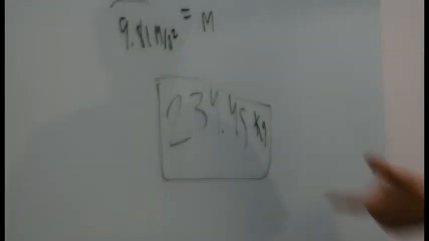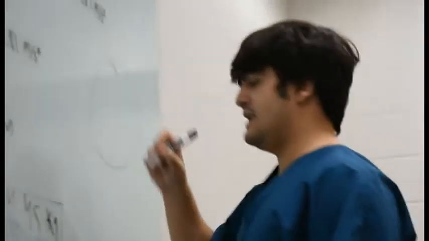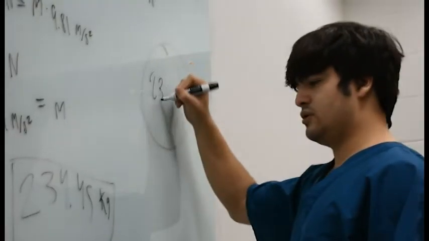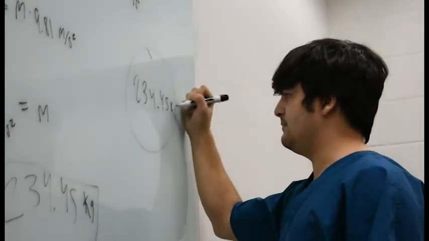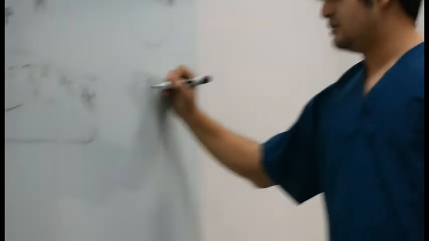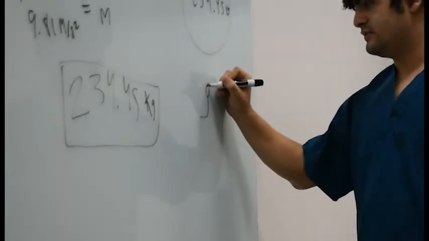For the record, that's a lot of pounds in American numbers. I don't know what it is. You do the work. I already got this number. So we would need an apple of mass 234.45 kilograms to crush Sir Isaac Newton's skull, or crack it rather.